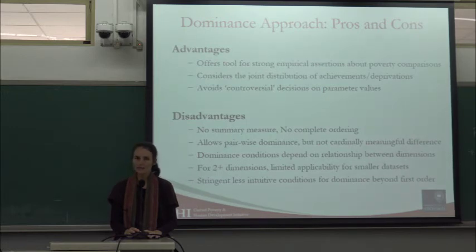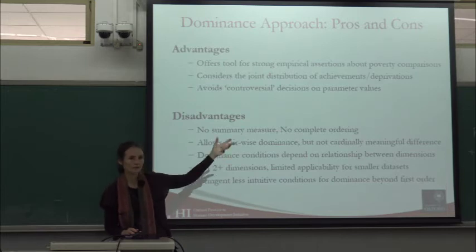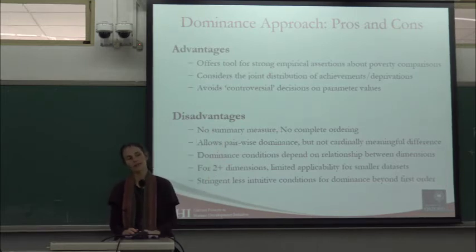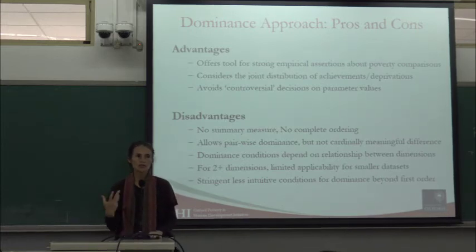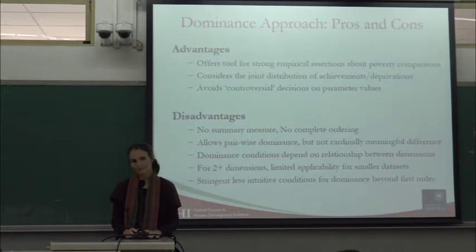The reason is that if you find dominance, it's a very strong empirical claim that you can make. And dominance, as I mentioned, for different dimensions following Duclos and Younger, does look at the joint distribution of deprivations. Usually it uses deprivation cutoffs and doesn't assess their dominance.